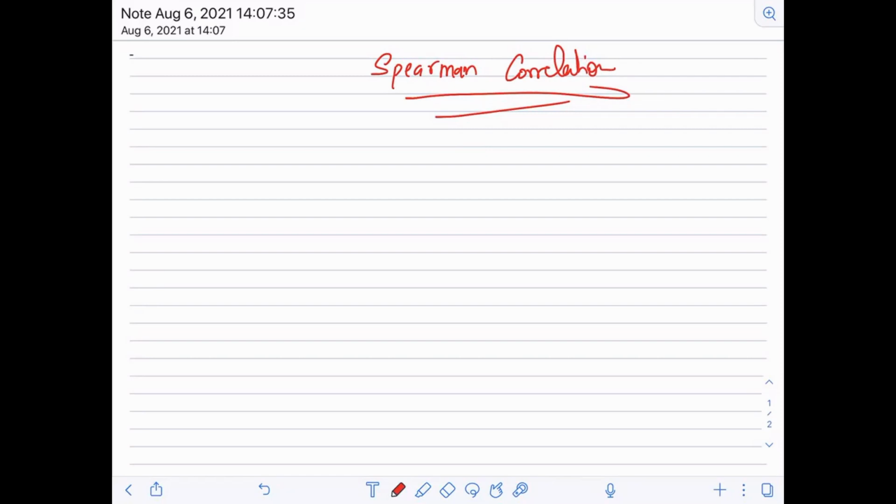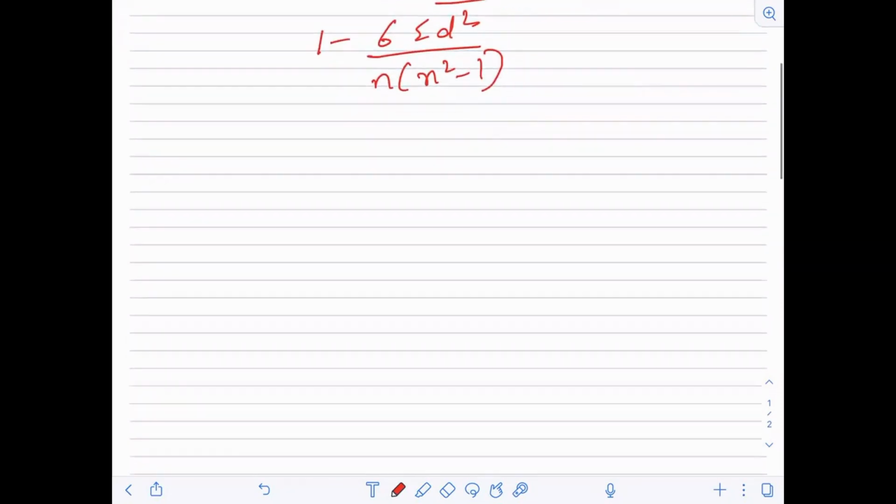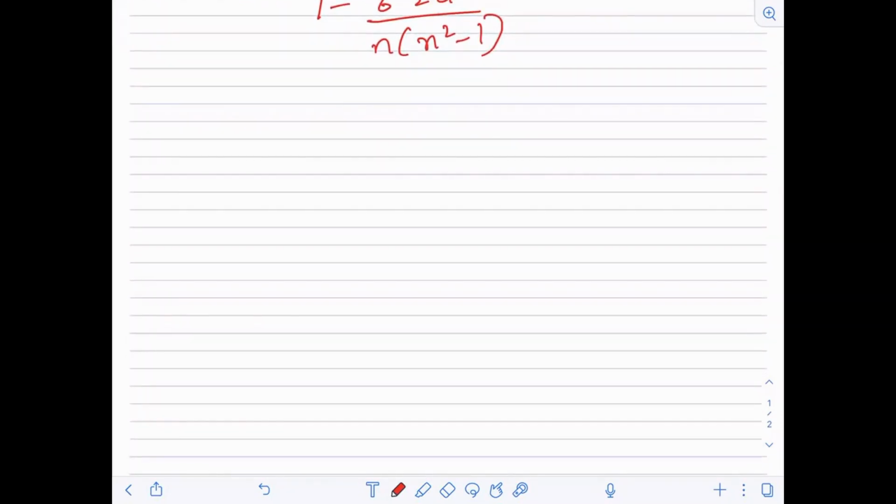The formula is 1 minus 6 sigma d square upon n square minus 1, and sometimes people say n cube minus n, which is also possible. Let's look at a small question. Say we have two variables. X: 17, 13, 15, 16, 6, 11, 14, 9, 7, 12.